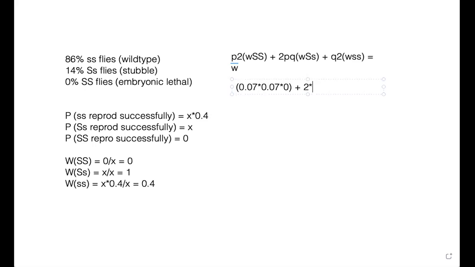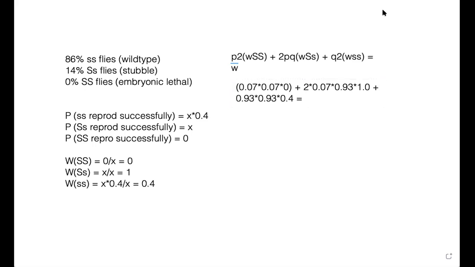Plus 2 times 0.07 times 0.93 times 1. That's 2PQ times the relative fitness of the big S little s genotype, plus 0.93 times 0.93 times 0.4. Plug all of that in, and what we get is W bar.